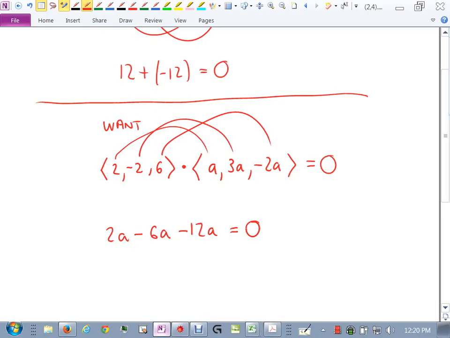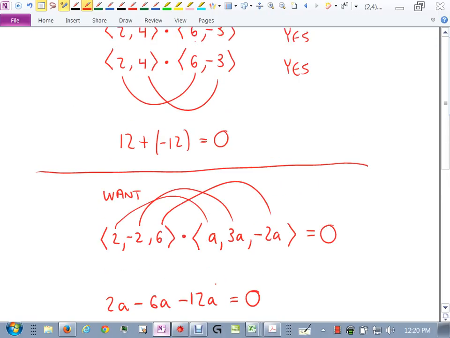Correct? So what do we get? -16A equals 0, which means A must be 0, which means what?